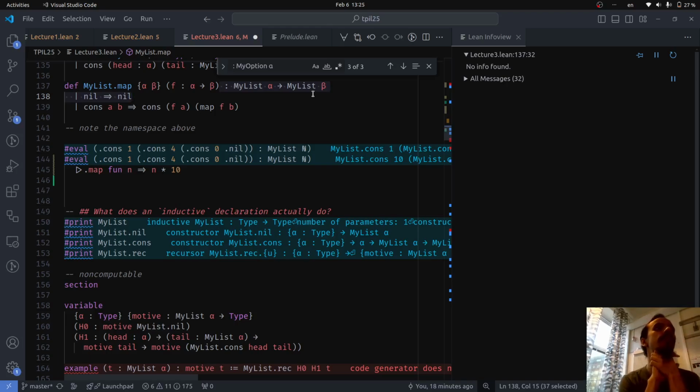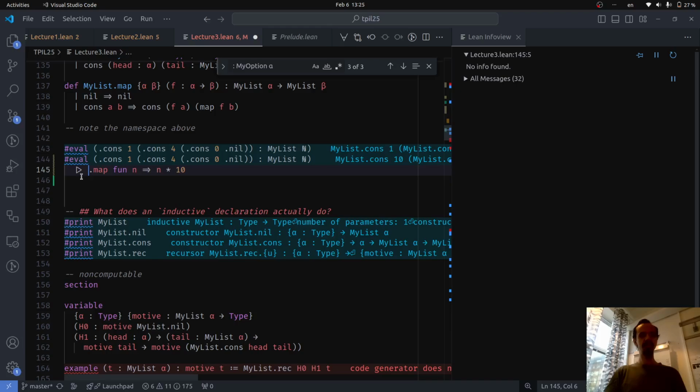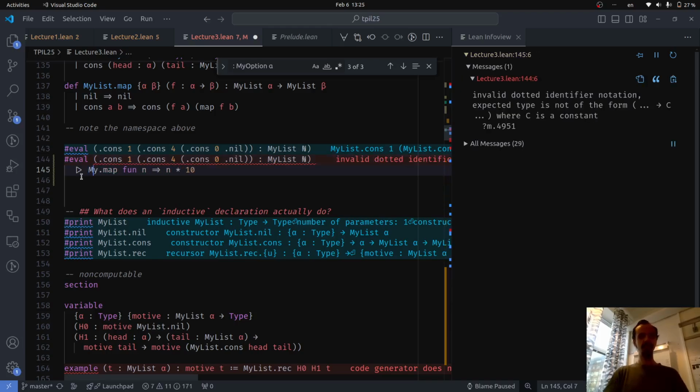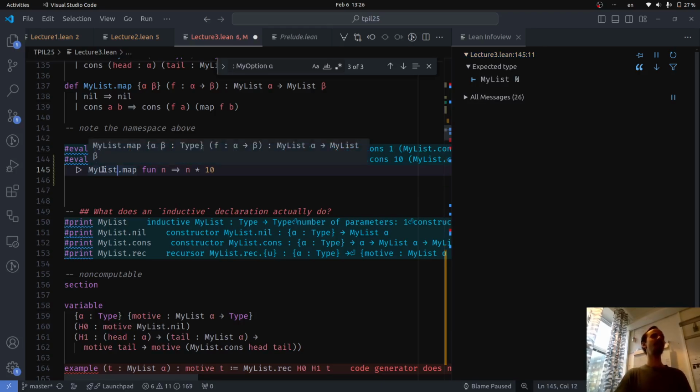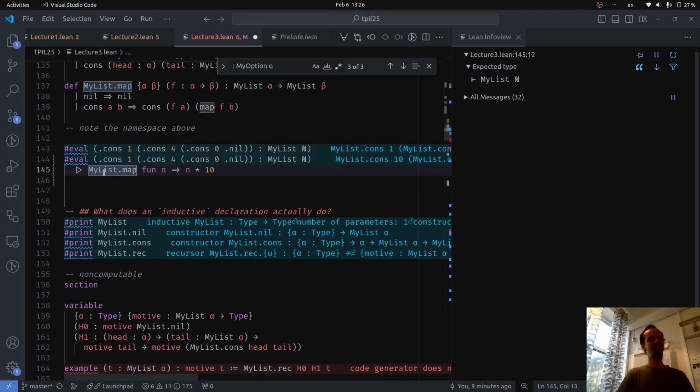If you just add a space between and then write mylist.map instead, it should do the same thing. Maybe that's actually closer to what Haskell would do, and now we don't need any reversal of order.